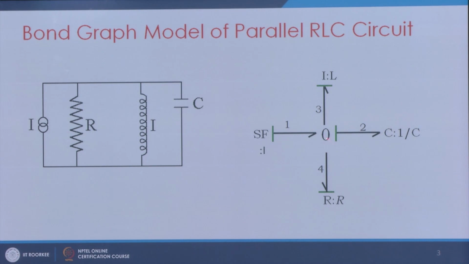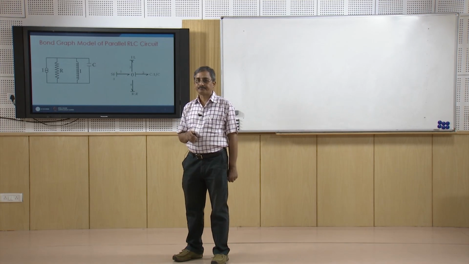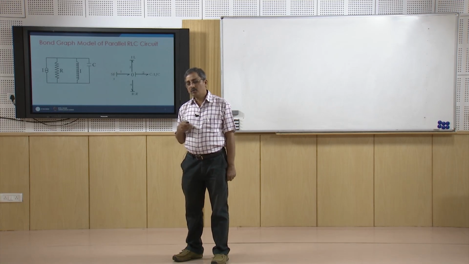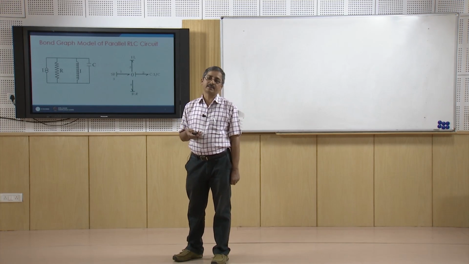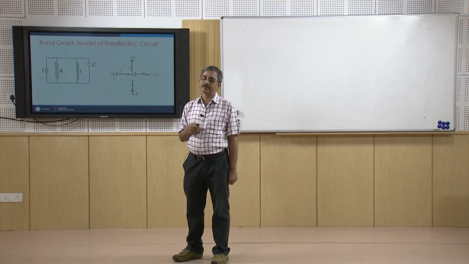Here we can see that this 0 junction is determined by the capacitor. So, these are the two simple cases which we have just seen: a series RLC circuit and a parallel RLC circuit.